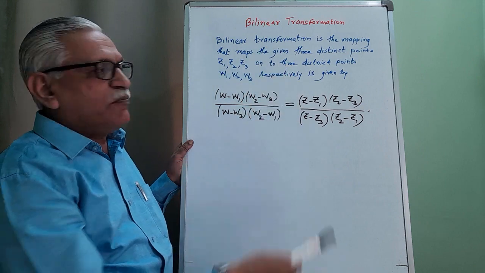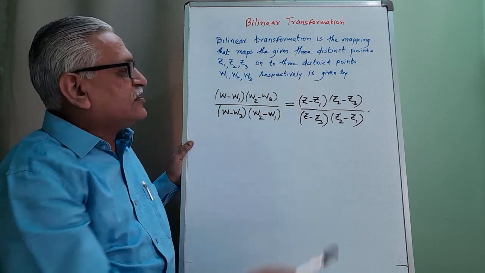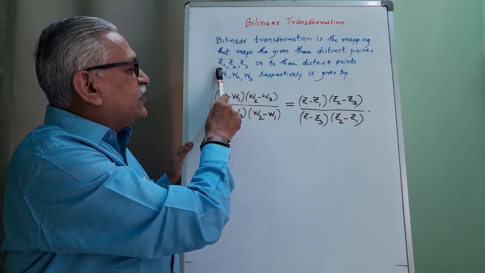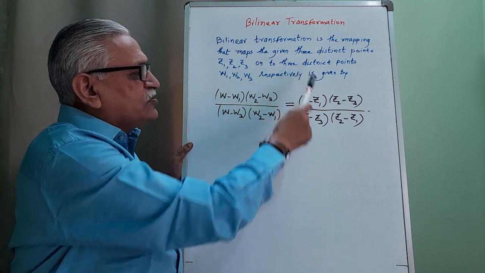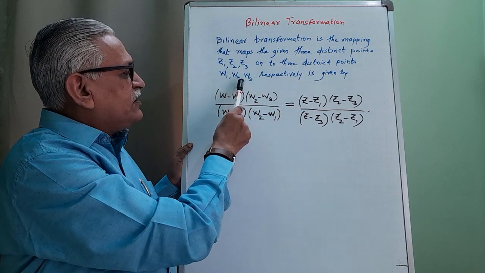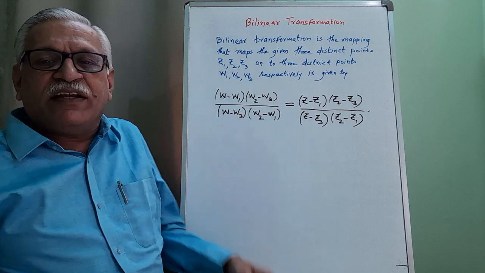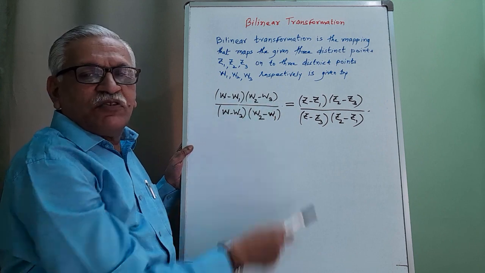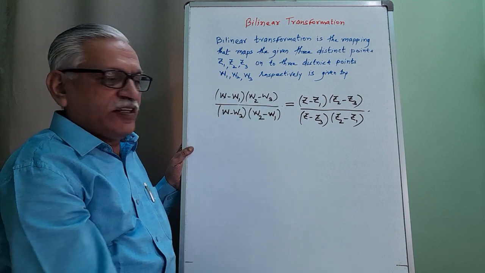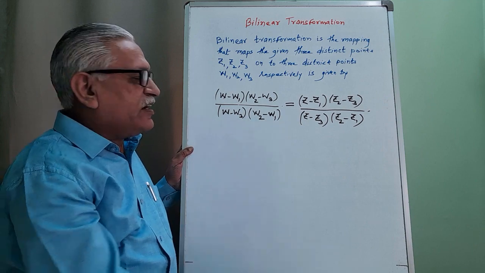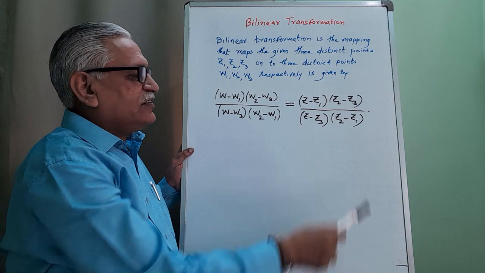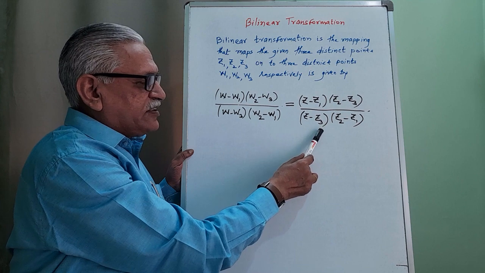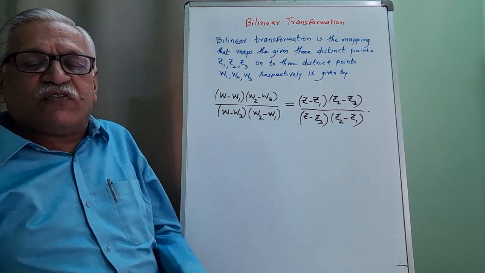Let us try to define that term. Bilinear transformation is the mapping that maps the given three distinct points, points must be distinct or different, Z1, Z2, Z3 onto three distinct points W1, W2, W3 respectively, and it is given by the formula: (W minus W1) times (W2 minus W3), divided by (W minus W3) times (W2 minus W1), is equal to (Z minus Z1) times (Z2 minus Z3), divided by (Z minus Z3) times (Z2 minus Z1).